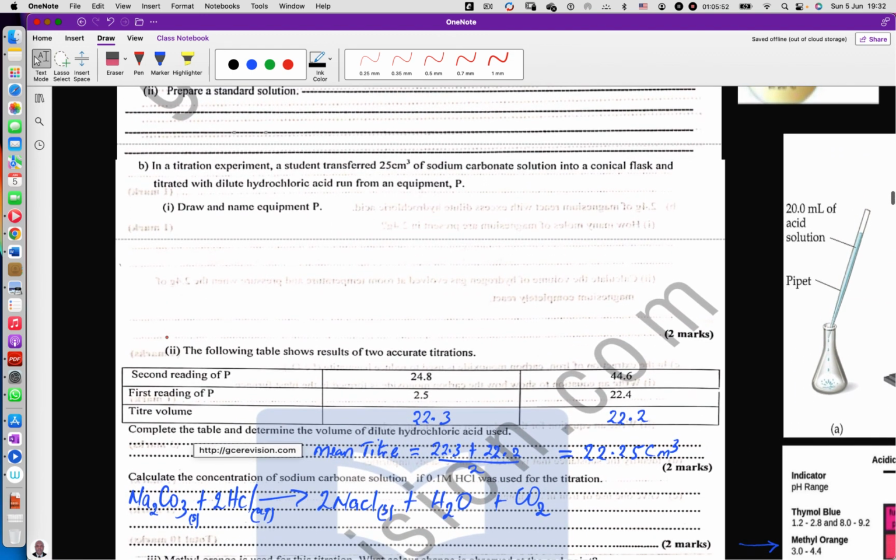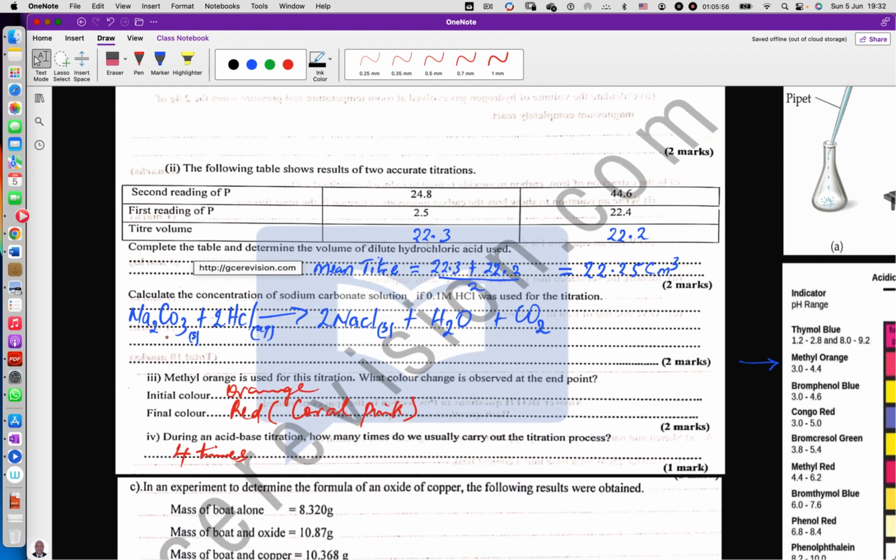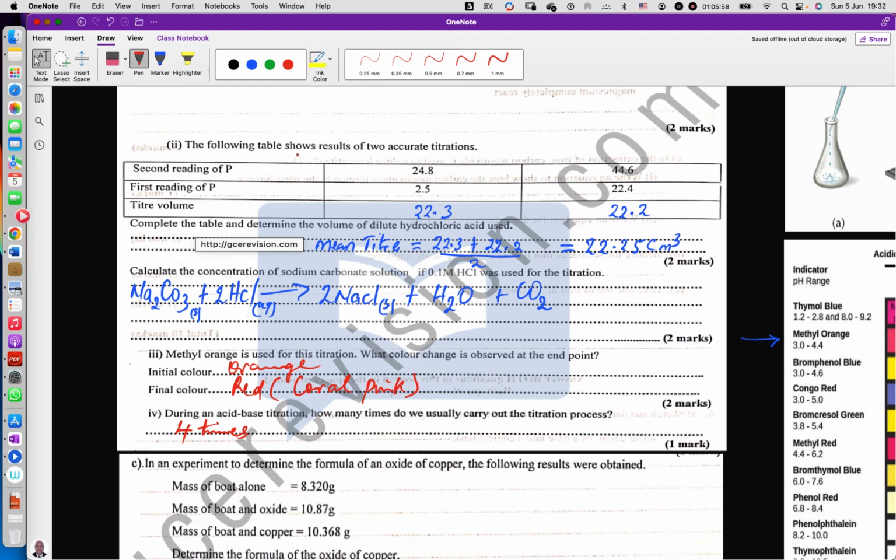Okay, the following table shows results of accurate titration. We have the first reading and the second reading. They say complete the table and determine the volume of the dilute hydrochloric acid.